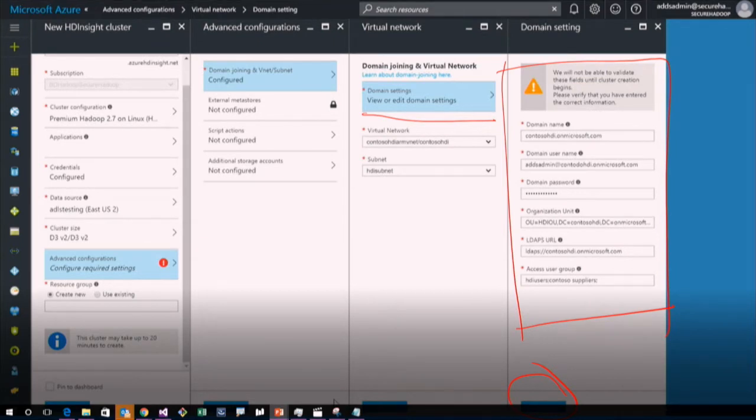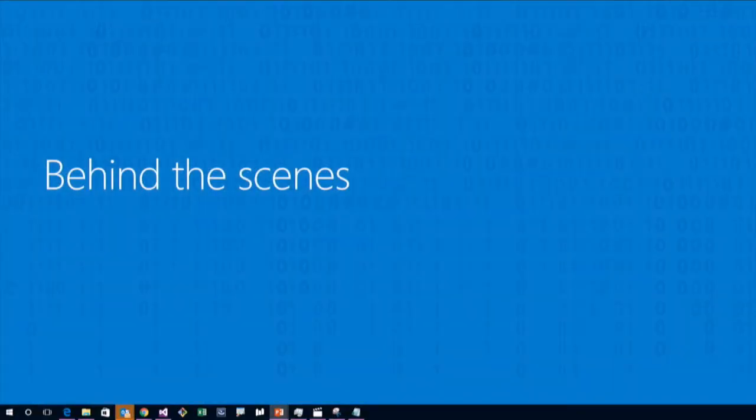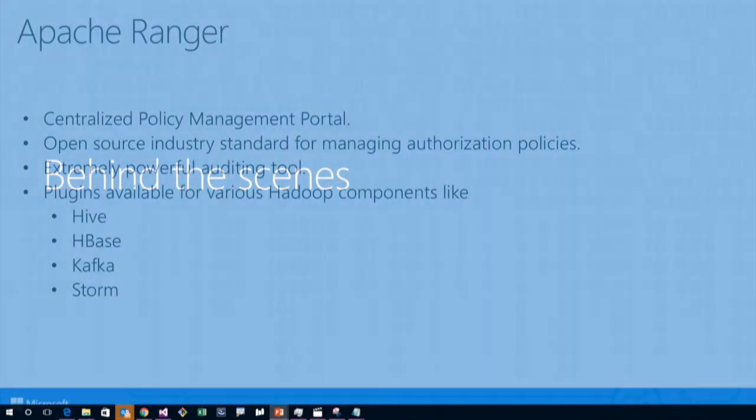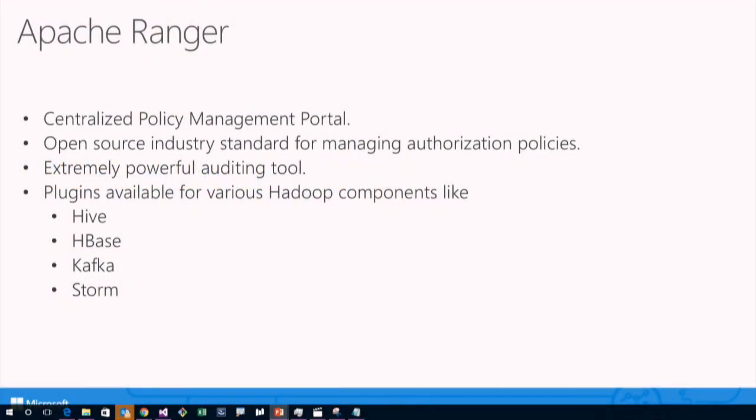Within a span of minutes, your cluster is Kerberized automatically. We do everything at the back end for you, and all of these identities are now synced from a security group perspective to your clusters as well. Now, what's actually happening behind the scenes? This is where all the goodness of the open source world really shines up. We are now mapping all of those AD identities back to Ranger policies.